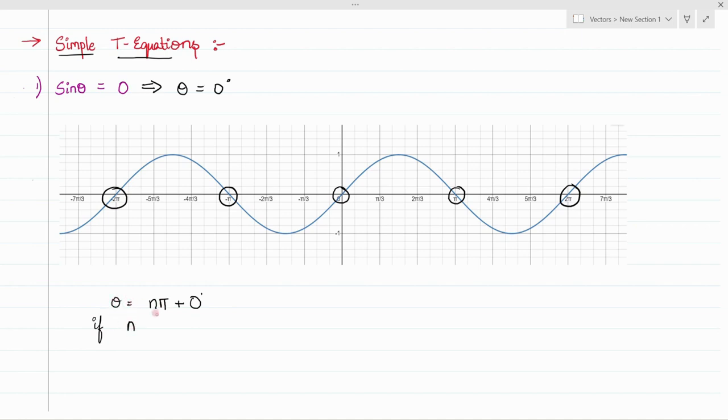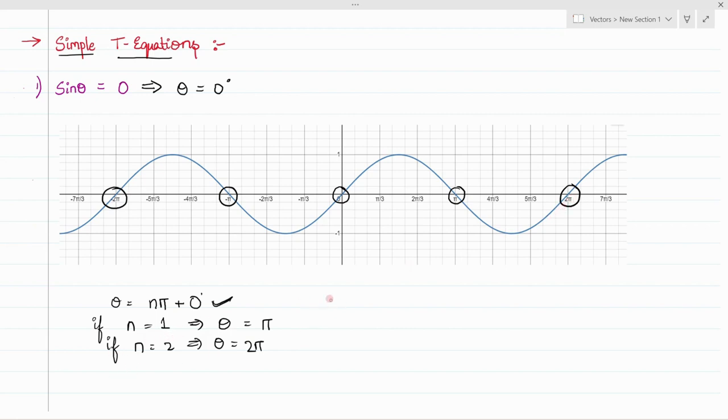If n is 1, then theta becomes, according to this formula, pi, which satisfies this, right? So when theta is pi, sine theta is 0. Similarly, if n is 2, theta becomes 2 pi from this equation. You can see in this graph that when theta is 2 pi, sine theta is 0.